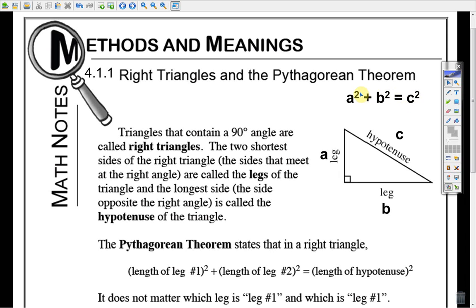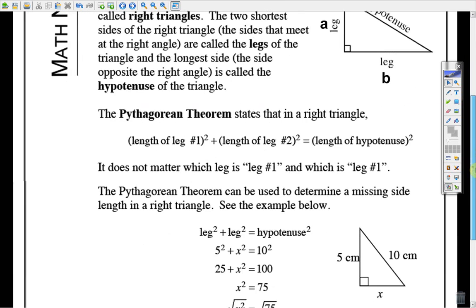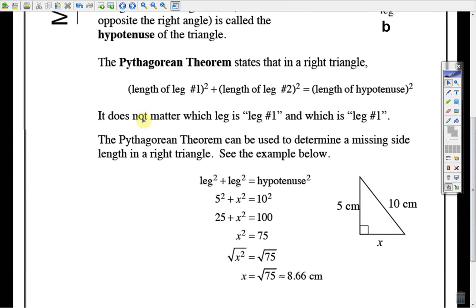It should make sense that we have to add the smaller ones to get the bigger one. So be careful when you're putting those into your equation, okay? Again, it doesn't matter which leg is leg 1 and which is leg 2.